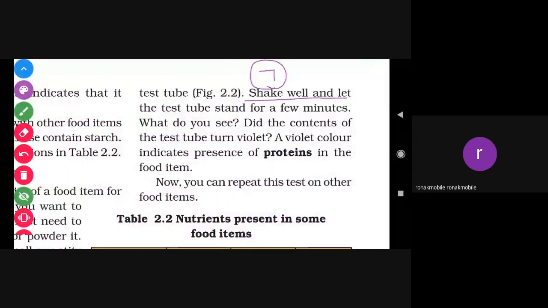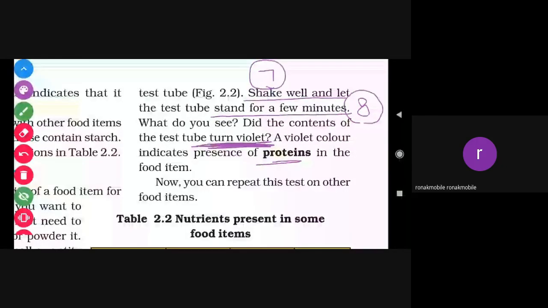And let it stand for a few minutes. This is the eighth point. You just don't have to disturb it. And if your test tube turns into a violet color, it means protein is present. Okay, your solution is going to turn into a violet color, and that means protein is present in your food.